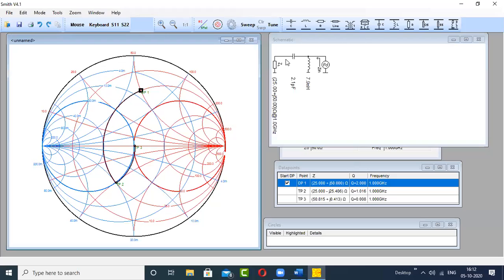Here one capacitor in series, then one inductor in shunt is required. But in the earlier case, it was one series capacitor and one shunt capacitor. So both components can have similar nature, either both inductive or both capacitive, or they can be different.